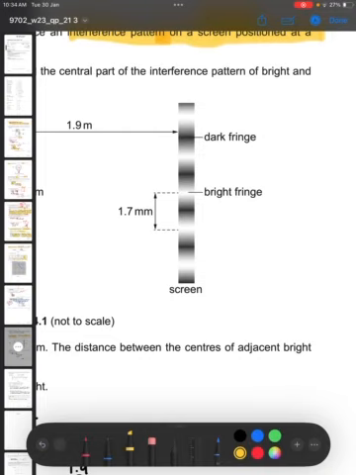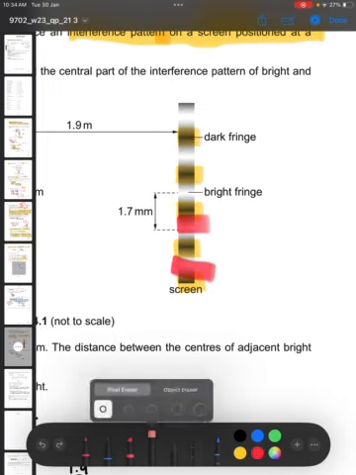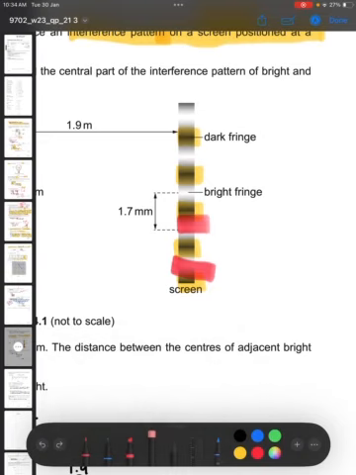As you can see, we have a dark fringe here, dark, dark, dark, dark, with a bright in between. Bright fringe, bright fringe, bright fringe. That is what is called an interference pattern, the dark and bright fringes we saw here.